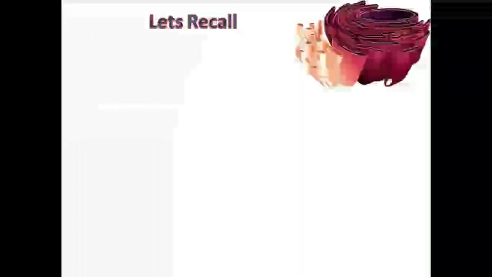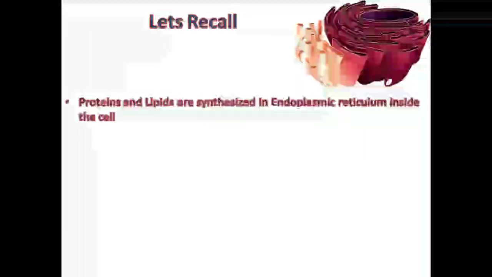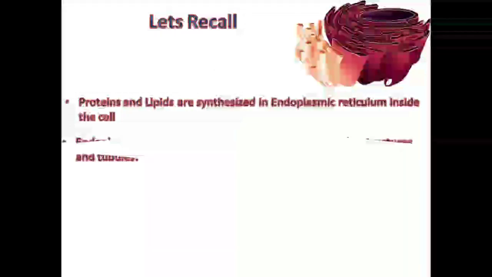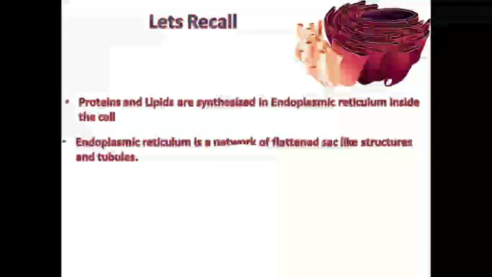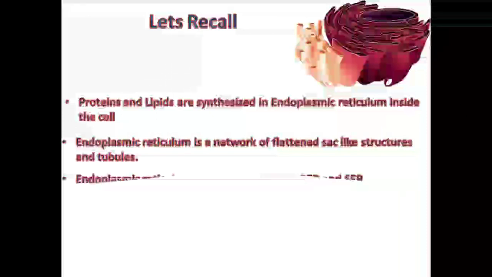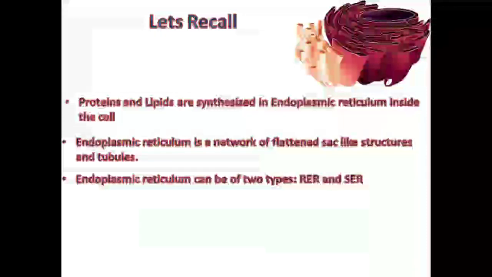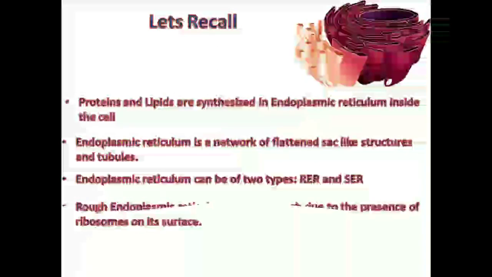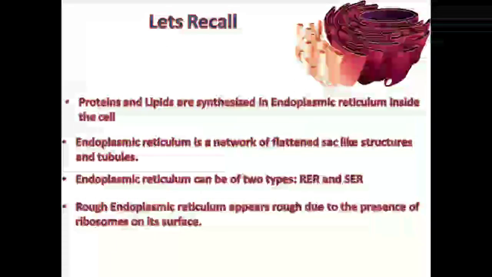So let's recall whatever we have done till now. Proteins and lipids are synthesized in endoplasmic reticulum inside the cell. Endoplasmic reticulum is a network of flattened sac-like structures and tubules. Endoplasmic reticulum can be of two types, RER and SER, rough endoplasmic reticulum and smooth endoplasmic reticulum. Rough endoplasmic reticulum appears rough due to the presence of ribosomes on its surface.